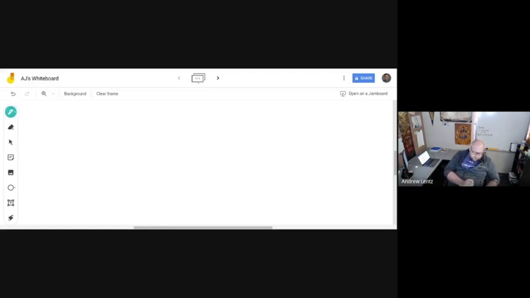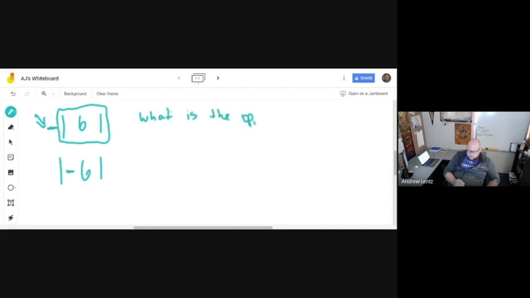The reason why this is different is the location of the negative sign. Okay, in this case, the absolute value of 6 is 6 because that's what this is asking us right here. But this part right here, if I was to write it out, it's what is the opposite of the absolute value of 6.